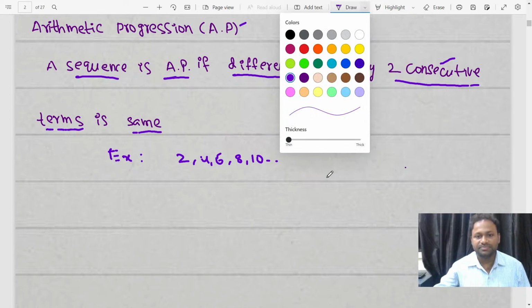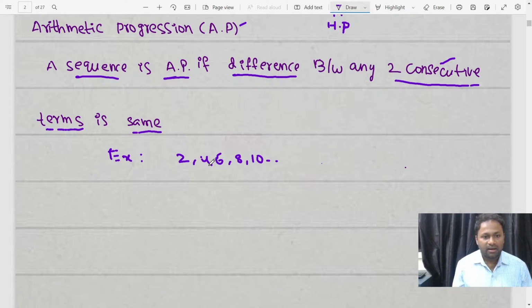What is the particular condition? Is it called an arithmetic progression? The definition says the difference between any two consecutive terms. Here, consecutive terms means we can take 2 and 4, or 4 and 6, or 6 and 8, or 8 and 10, any one you can take.